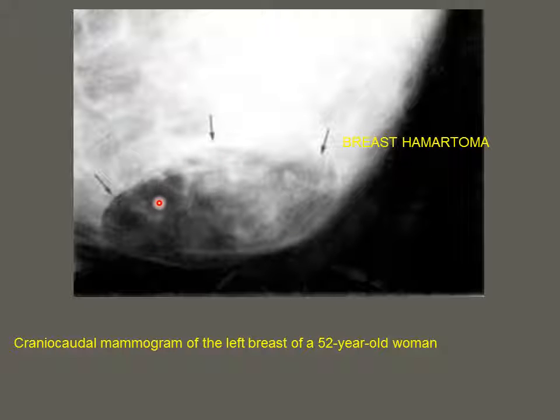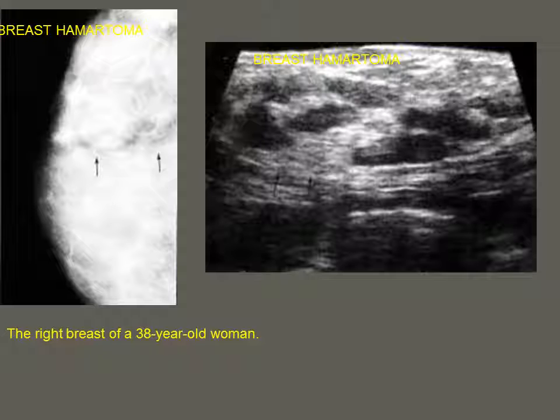CC of left breast, 52-year-old woman, shows an ovoid, smooth margin, mixed density tumor with pseudo capsule and slight fat tissue predominance. The tumor has been stable for 4 years. This is a breast hamartoma of another patient, a 38-year-old woman.